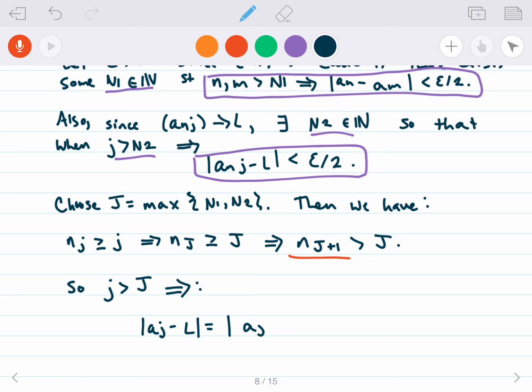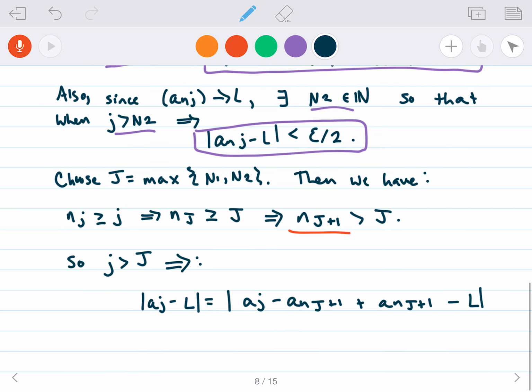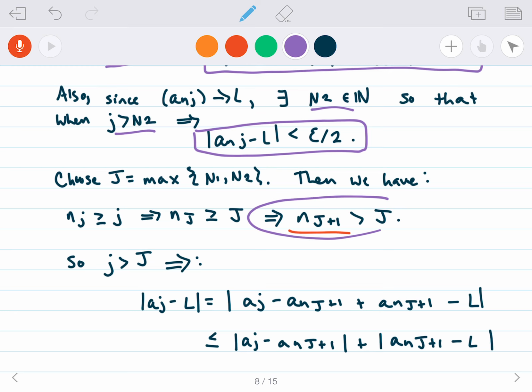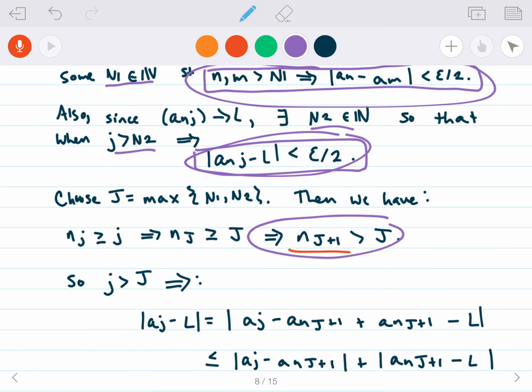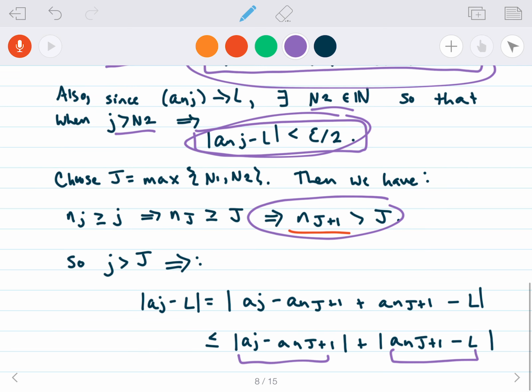This is just a sub little j minus a sub n j plus 1 plus a sub n j plus 1 minus L. Okay, and so by the triangle inequality, we have a sub j minus a sub n j plus 1 plus a sub n j plus 1 minus L. Okay, and so because of this, and by our above work, we know that these guys have to be both less than epsilon over 2, and of course I'm out of room here, but less than epsilon over 2 plus epsilon over 2 equals epsilon.